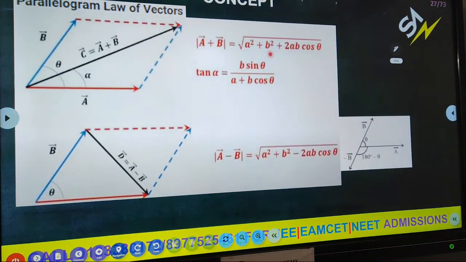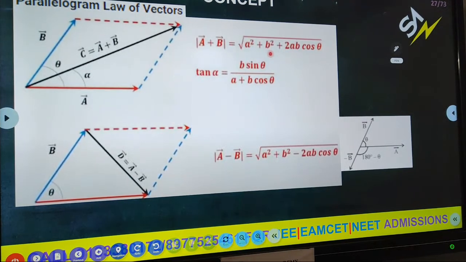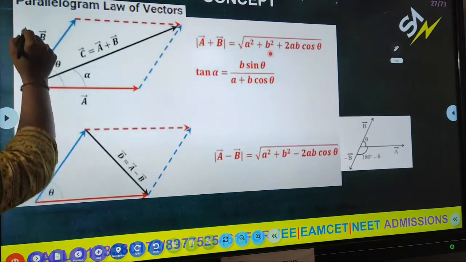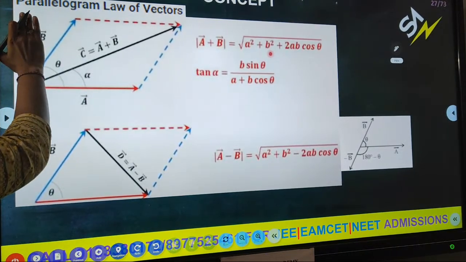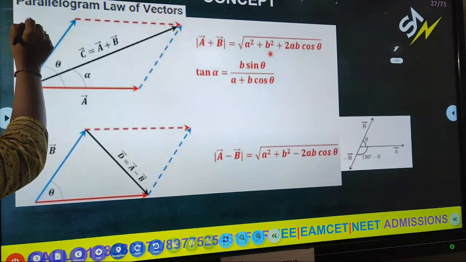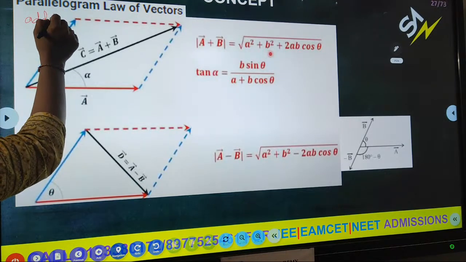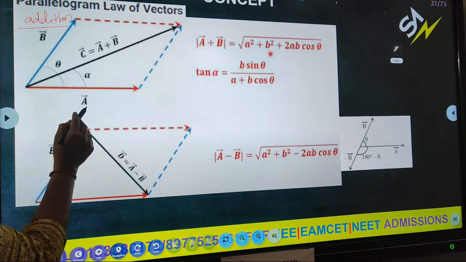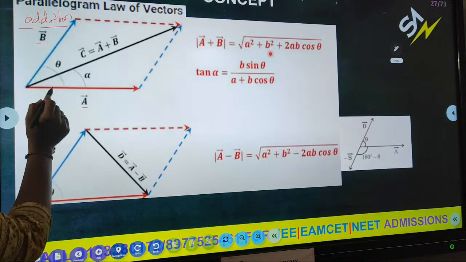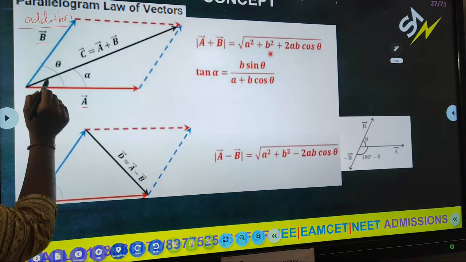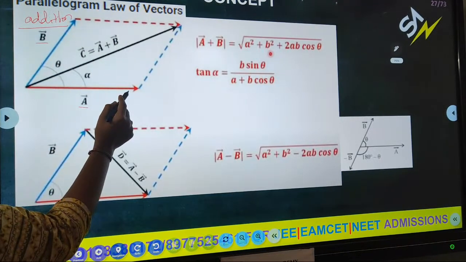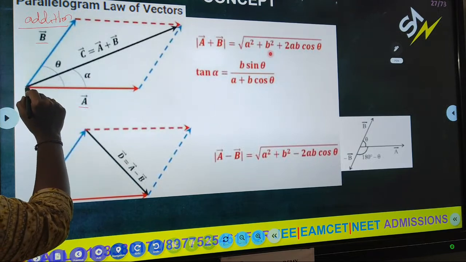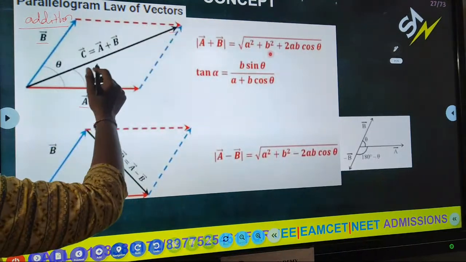Next, in vector addition, the next concept is the parallelogram law of vectors. The first diagram is showing the addition of vectors. Here A bar and B bar are representing the sides of the parallelogram, and the resultant of these two vectors is the diagonal of this parallelogram.